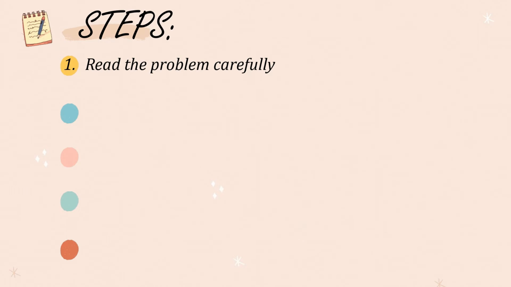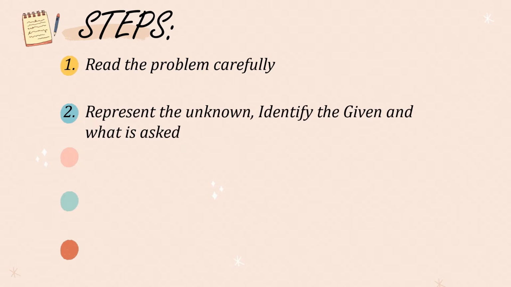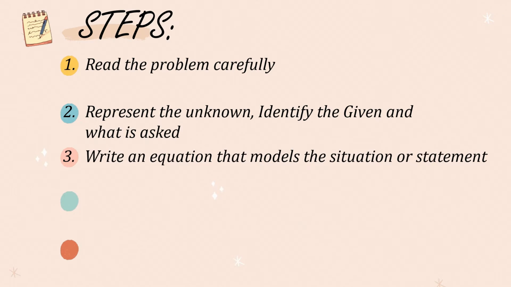After that, we have to represent the unknown, identify the given, and what is asked. This will help us to unveil what equation we should use in solving the answer. Since we already know the given, we can now create the equation that models the situation or the statement in the problem.